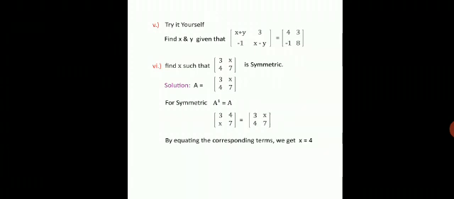So for this we know that A dash, that means transpose of A, is equal to A. So transpose of matrix A, we get 3x, first row converted into first column, second row into second column, that is equated to the matrix A. Now by equating the corresponding terms, we get the value of x is equals to 4.